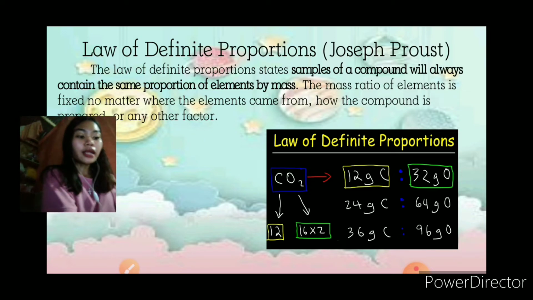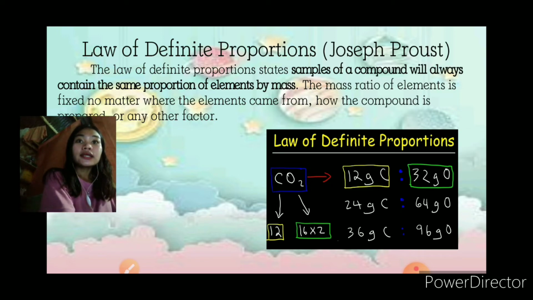So, ang point ani is that the ratio between the quantity of carbon and oxygen will stay the same because the composition by mass is constant. For example, gusto nato kuhaon ang ratio sa oxygen and carbon. So, we would divide kining 32 by 12. 32 grams oxygen sa 12 grams of carbon.